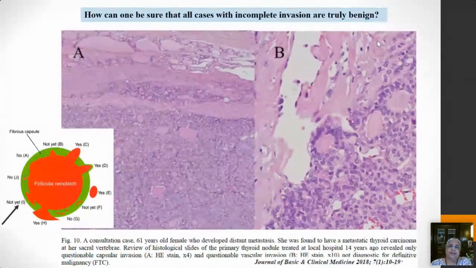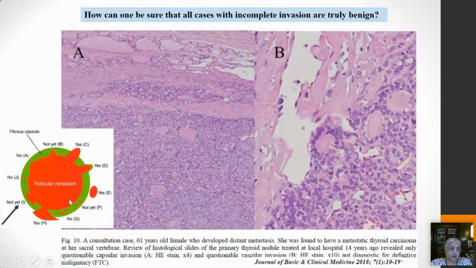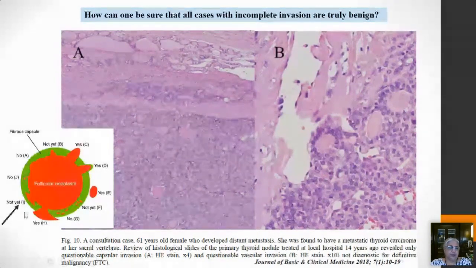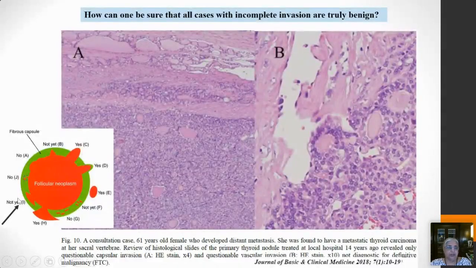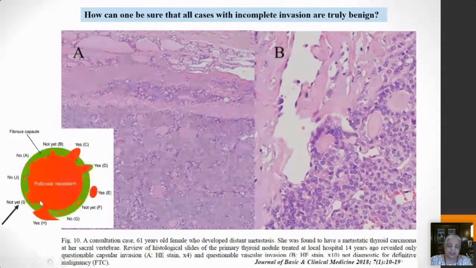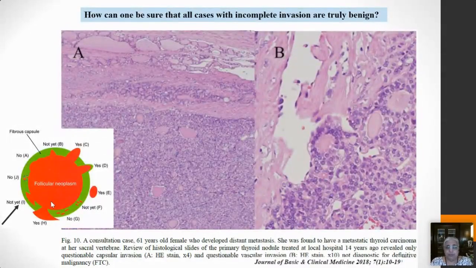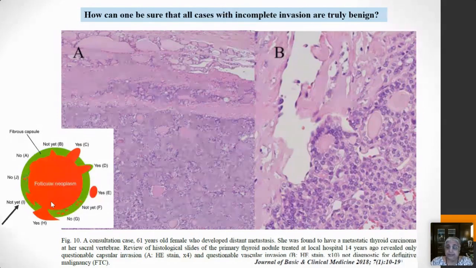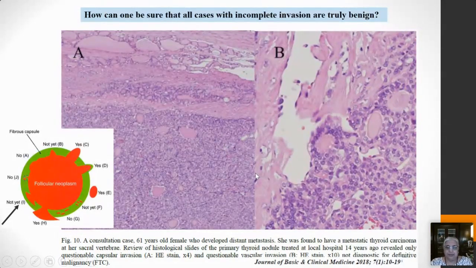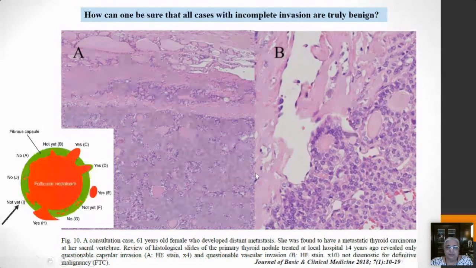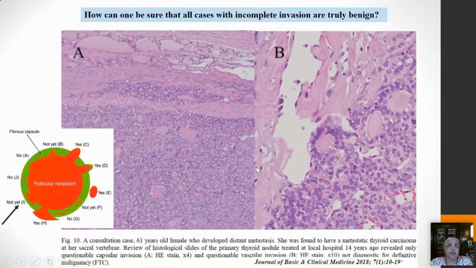Where do you place a lesion like this, which of course would be here? It would be a kind of lesion, because you can see that in that cartoon it's like a little mushroom into the capsule. Well, this particular case had been called benign, and this patient 14 years later developed a metastasis in the sacrum.